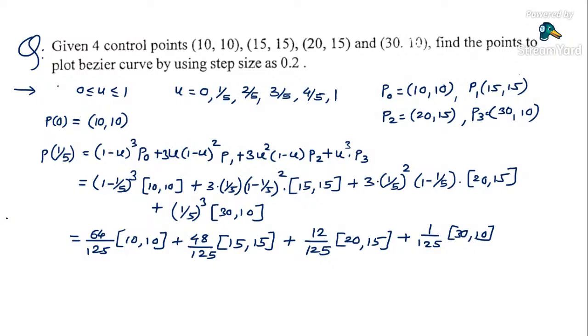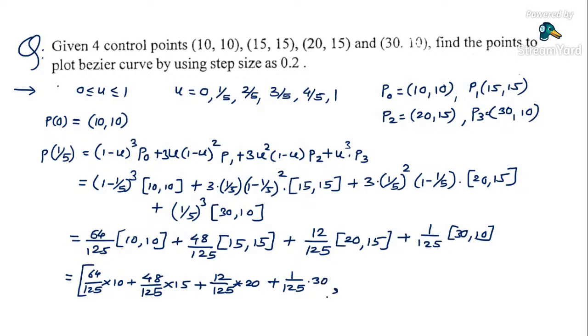Now calculate the answer. While calculating, this is the x coordinate, this is the y coordinate, and so on. So separately write down the x coordinates: 64 by 125 into 10 plus 48 by 125 into 15 plus 12 by 125 into 20 plus 1 by 125 into 30.